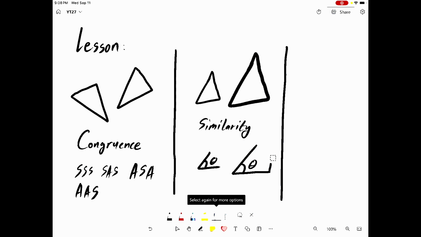Which is a little weird, but I'll get into that more a little later in the geometry series. But the main point is, there can be different sides, but there can also be the same angle. So, if two triangles are congruent, that means they're also similar. But just because two triangles are similar does not mean they're congruent.